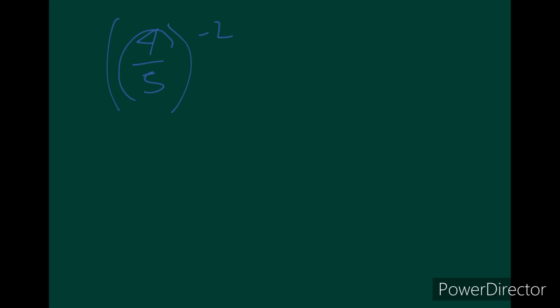So the reciprocal of this is 5 over 4, squared, which is equal to 25 over 16. Okay, you apply the power of a quotient: 5 squared over 4 squared, which is equal to 25 over 16.